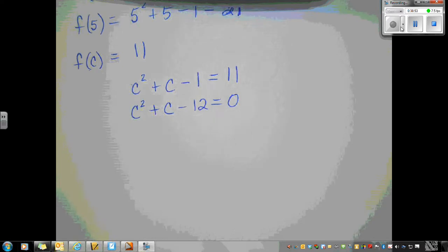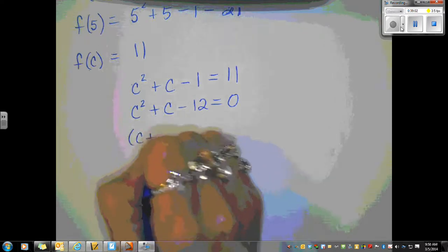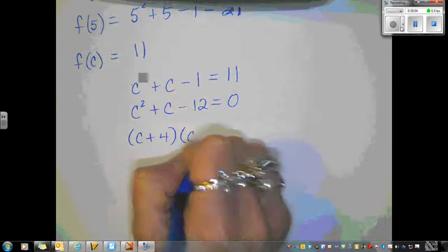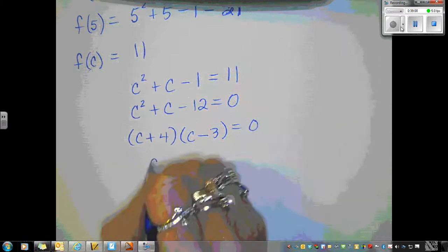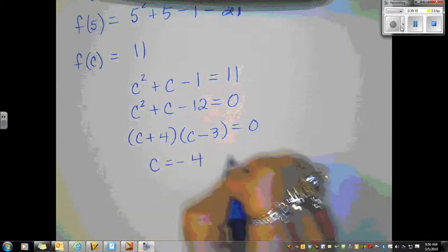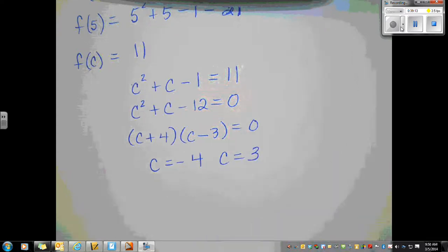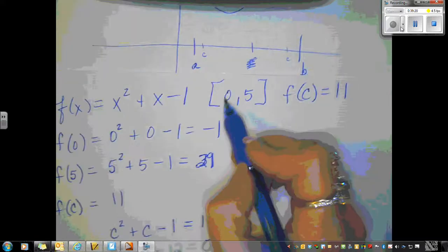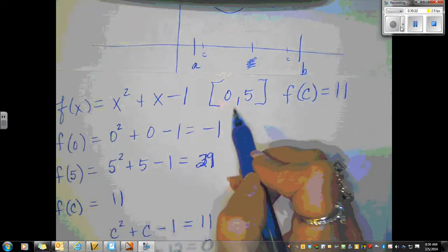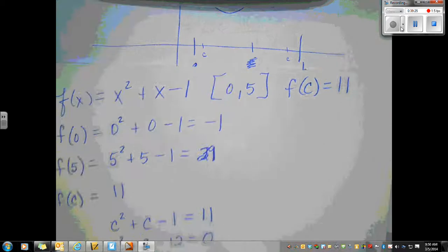Okay, one person. How would you figure it out? Okay, factor. Does it factor? So c would be equal to negative 4, and c would be equal to 3. There's only one little problem. c can't be negative 4. Well, it could be both if this interval was a different interval, but this interval is 0 to 5, so which one is our value?